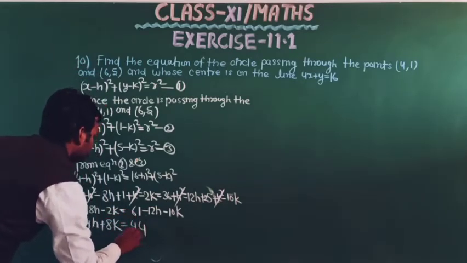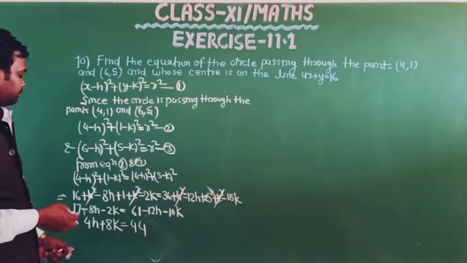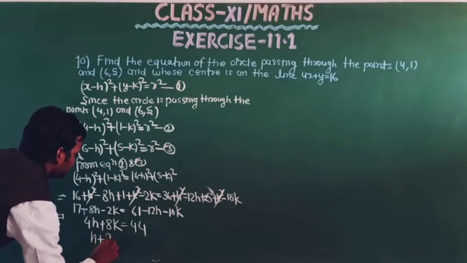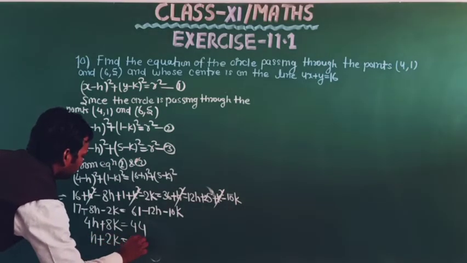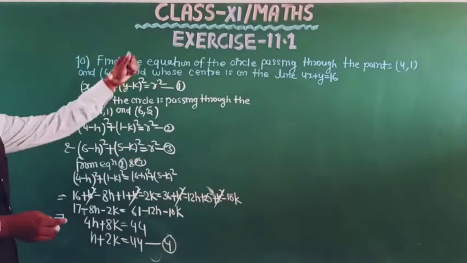So this is 44. Now taking 4 common, this expression becomes h + 2k = 11. Say this is equation number 4.